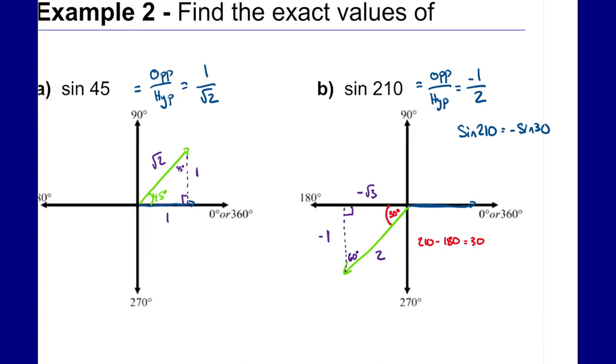And the reason I know this ratio is correct is because if I think about the CAST rule that we mentioned earlier, with C, A, S, T, this angle is in the T quadrant, which means that only tan is positive. And my sine ratio is negative, so it does make sense that I have a negative ratio in this quadrant for sine.